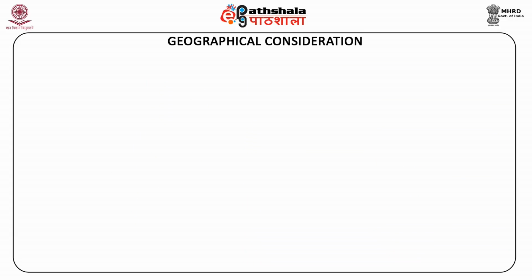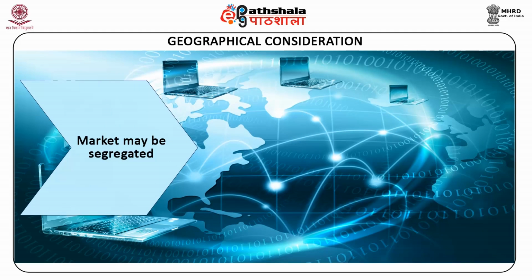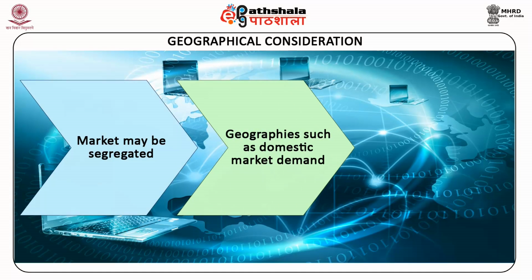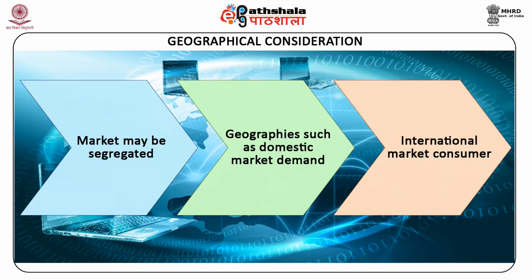Next, we will talk about the geographical considerations. The project market may be segregated on the basis of geographies such as domestic market demand, further subdivided into regional areas, and international market consumers based on different global regions and their preferences and socio-cultural aspects.